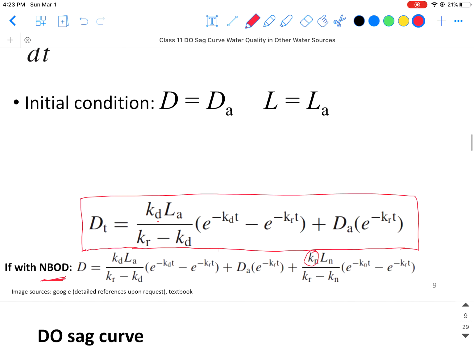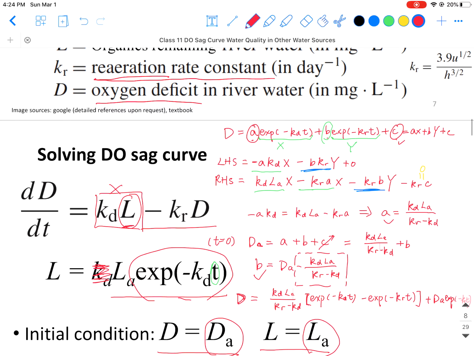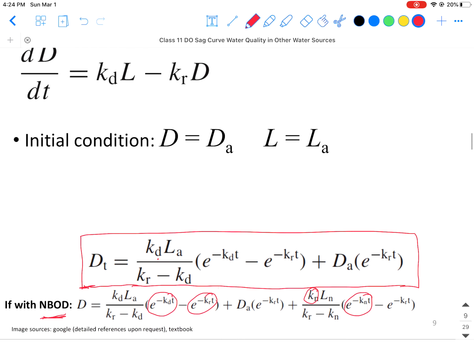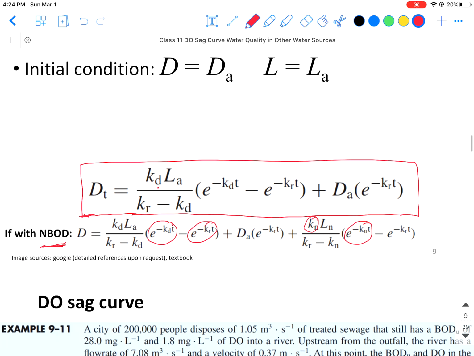The equation gets more complex, but in the final solution of D you have terms of exponential to the minus kdt, exponential to the minus krt, and exponential to the minus knt. So basically it's still three linear terms adding up together. We can use the same method to solve this equation, but it is getting more complex, so I'm not going to cover that in the class.